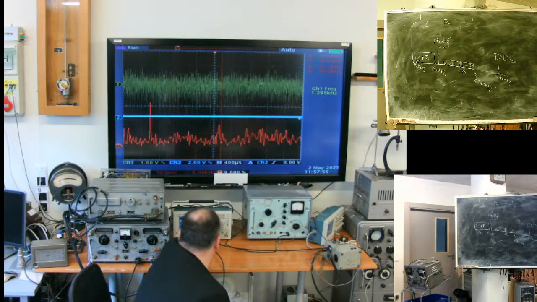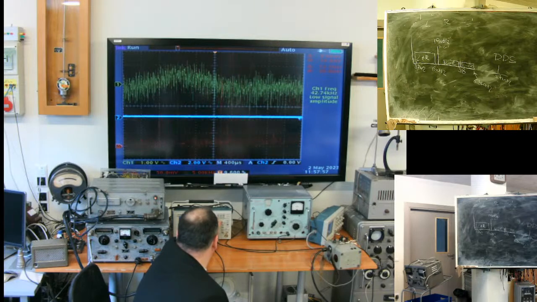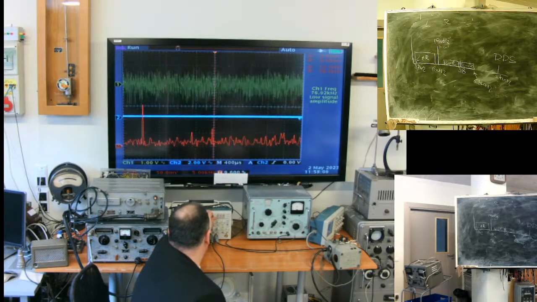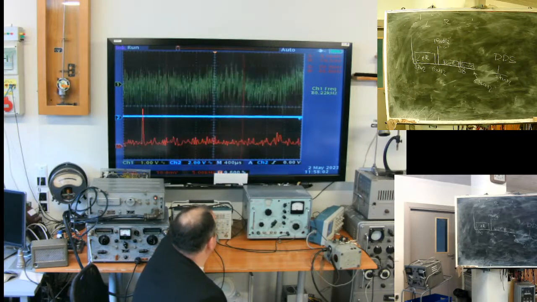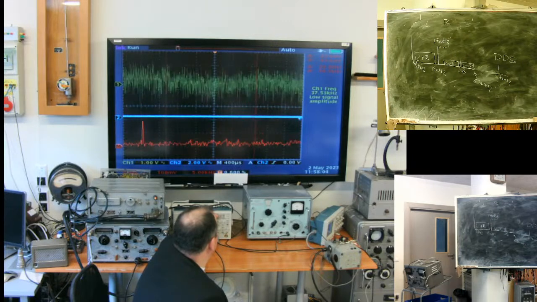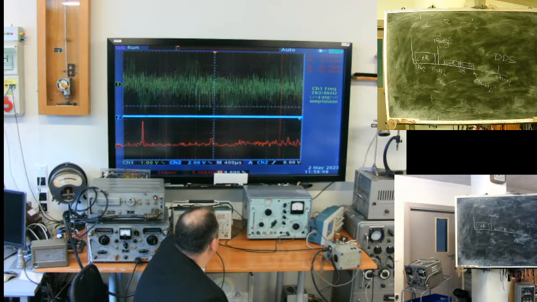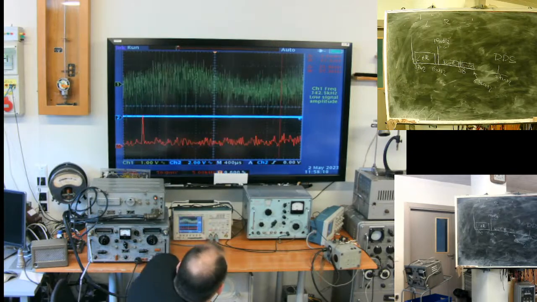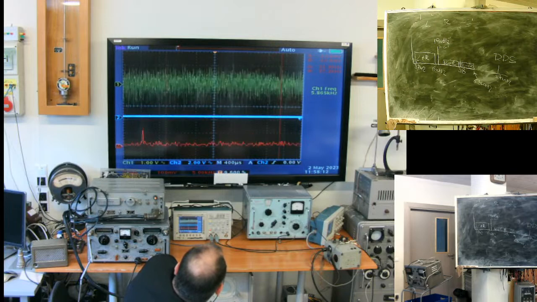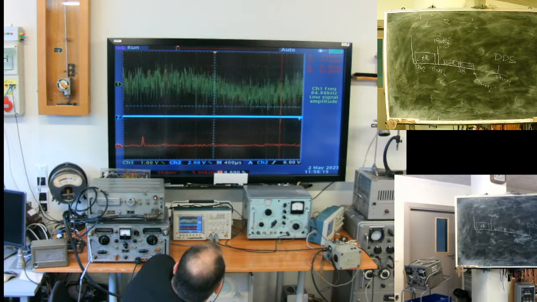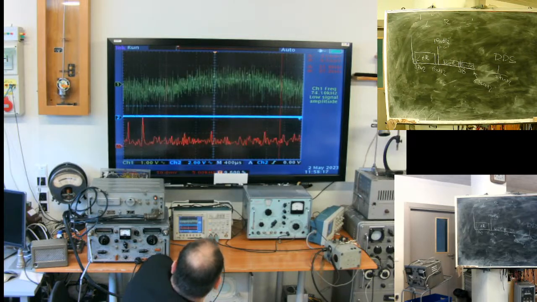And the next one I should see. Oh, sorry. Here is a center for data. There should be a data channel. You see a lot of noise.